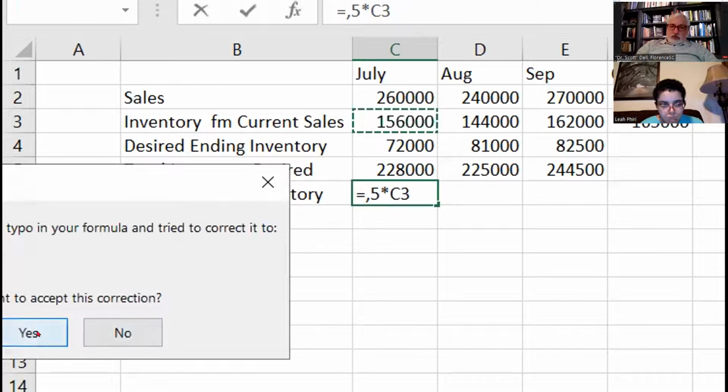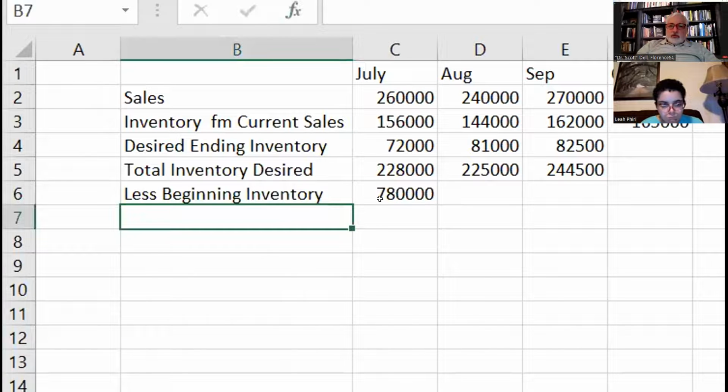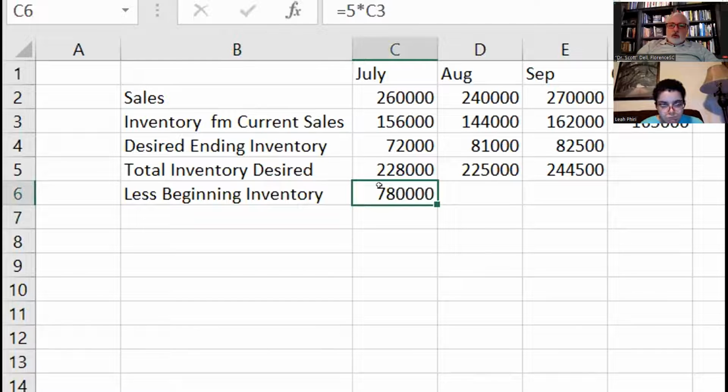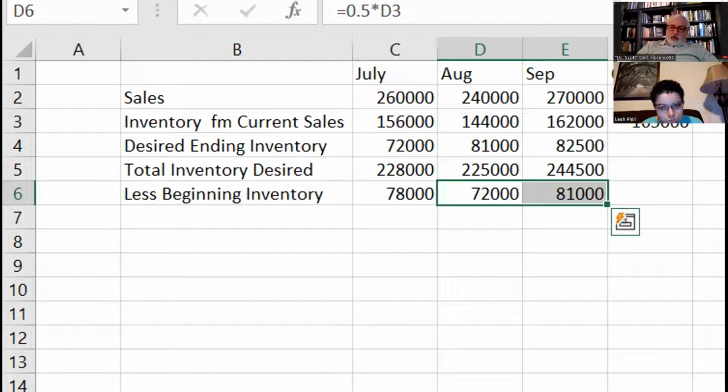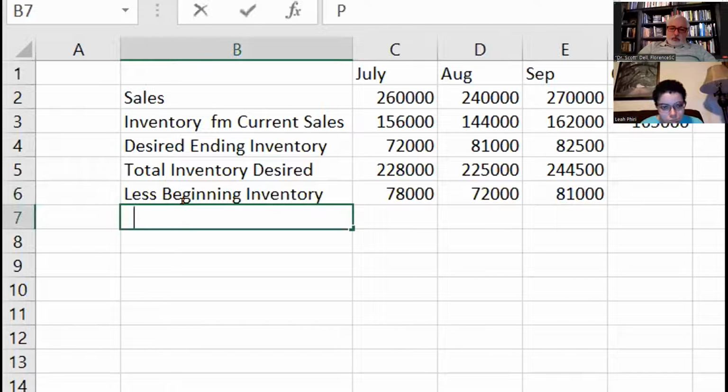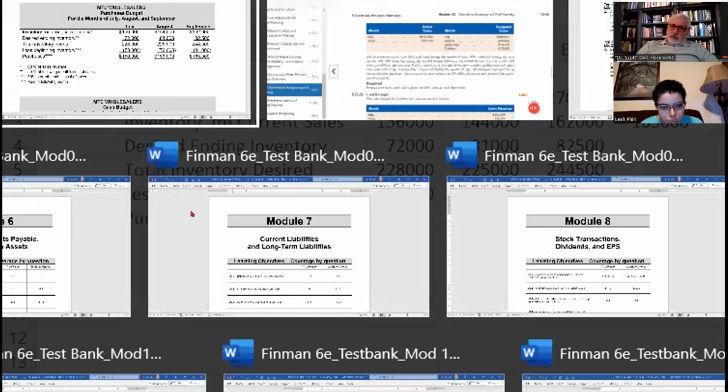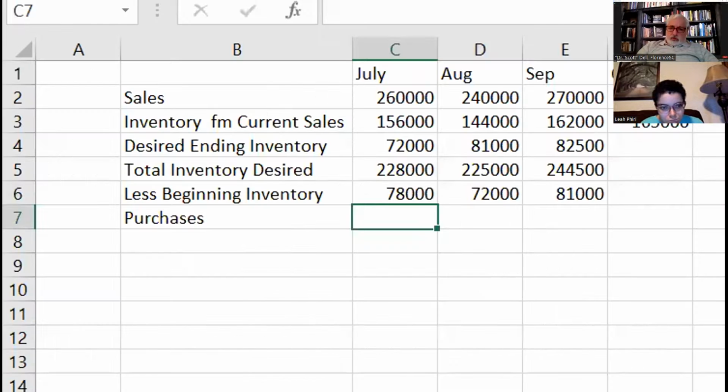Oops. Yep. 0.5. Comma 5, that's my fault. Comma that over there. And from there, we determine what our purchases need to be. So our purchases are going to be based on what?